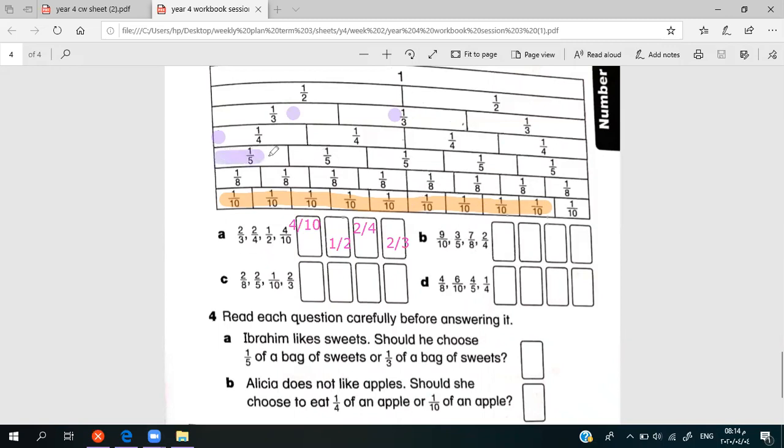He wants 3. 3/5. Okay. And then he wants 7/8. Here are the eighths. The whole is divided into 8. He wants 7 from it. Okay. One second. I want a different color.